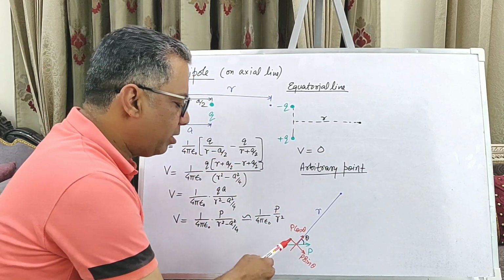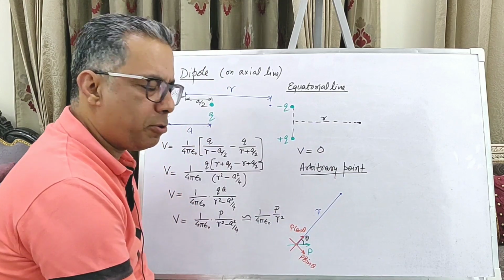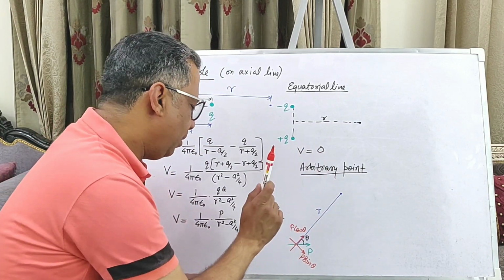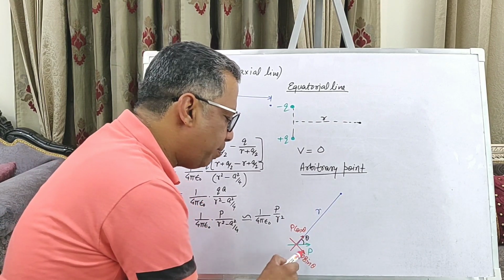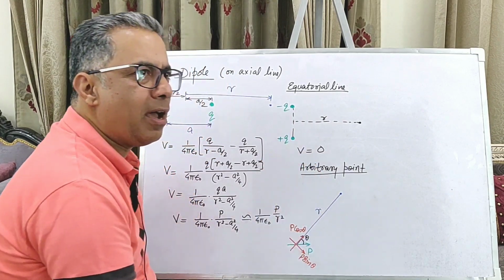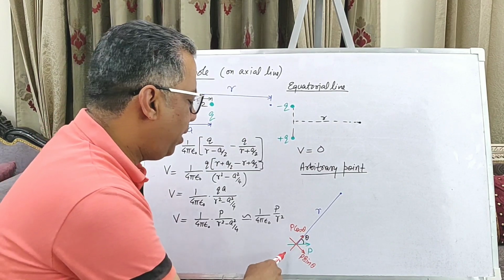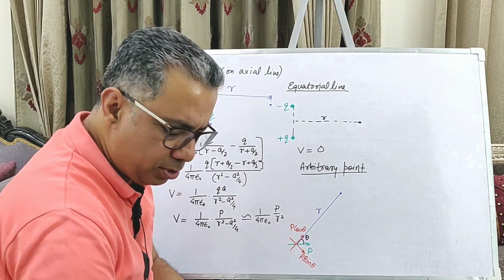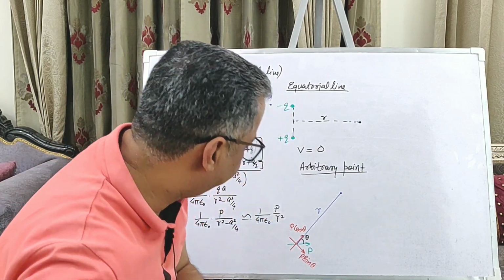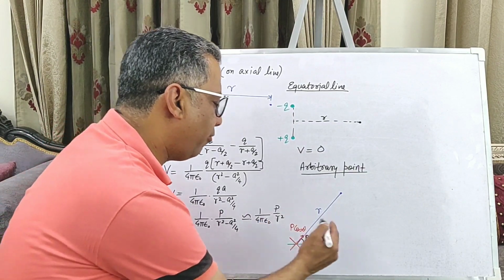I'll repeat the argument. P sin theta contributes 0 to the potential at this point. Why? Because the potential due to a dipole on the equatorial line is 0. So P cos theta contributes to the potential here, and that contribution will be calculated according to this formula.